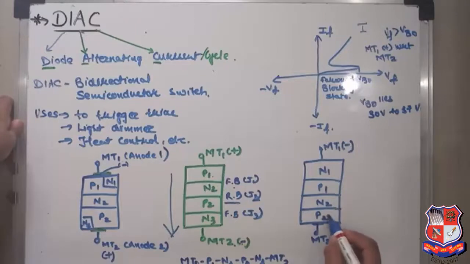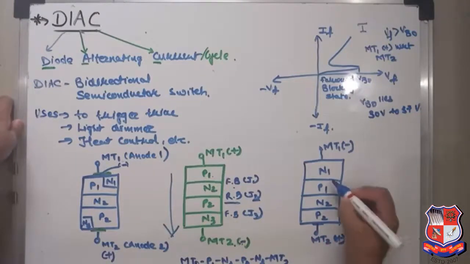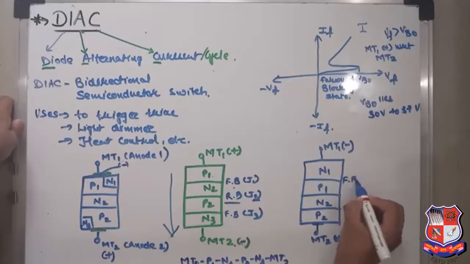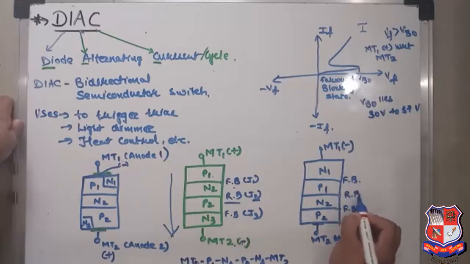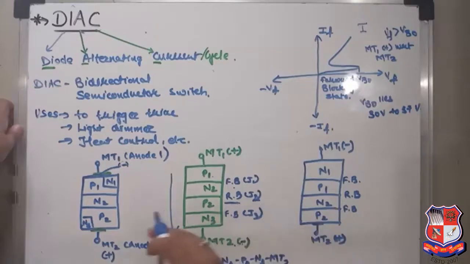Now see here, the P2 N2 junction is forward bias. In the same way the P1 N1 junction is also forward bias, but the N2 P1 junction is still reverse bias if the applied voltage is less than the breakover voltage. Now what will happen when the applied voltage exceeds the breakover voltage?